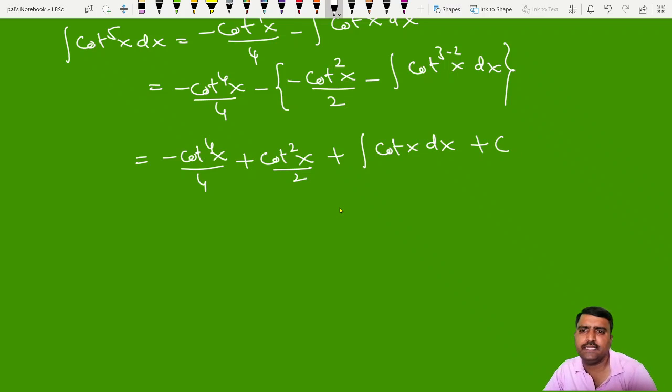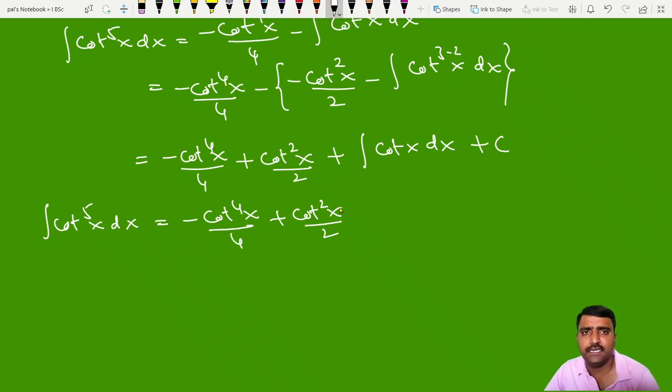Okay, so integration of cot to the power 5x dx is equal to minus cot to the power 4x by 4 plus cot square x divided by 2. What is integration of cot x? Integration of cot x is log sin x plus c.